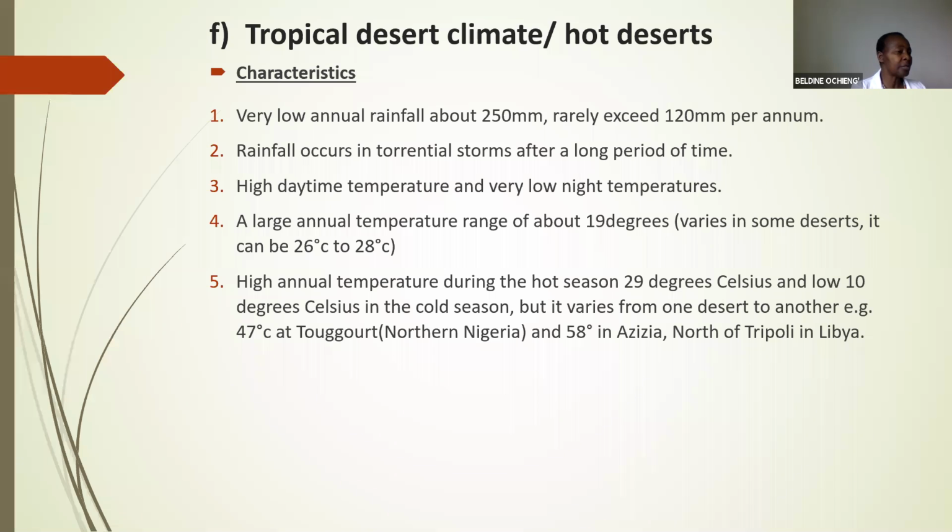So it varies the way we've seen. It really varies because of the deserts.